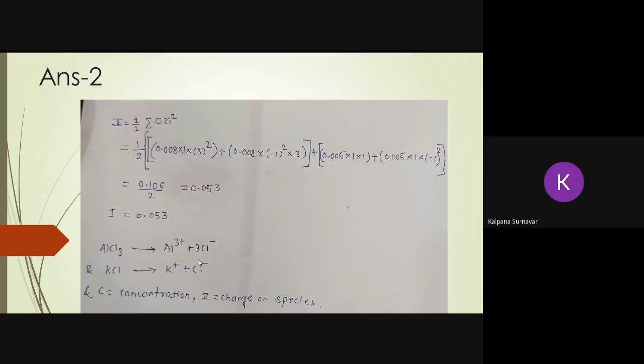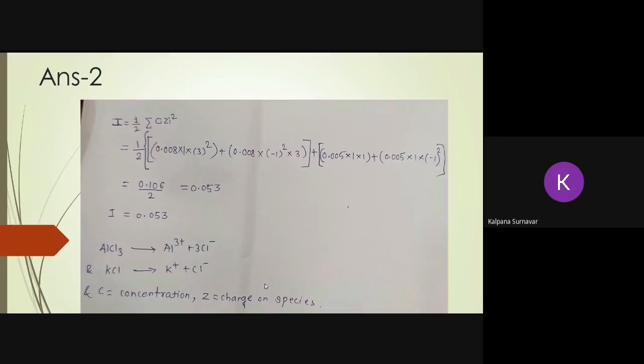AlCl3 dissociates as Al3 plus and 3 Cl minus, and KCl dissociates as K plus and Cl minus. And the concentrations of these two species are given. The concentration of AlCl3 given in the problem is 0.008 molar, and the concentration of KCl is 0.005 molar.